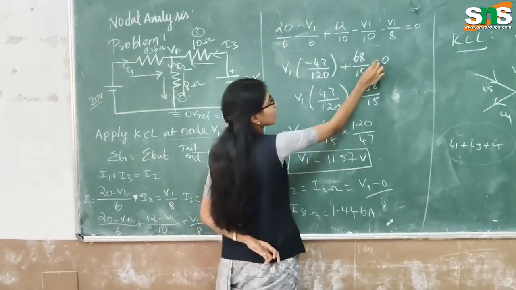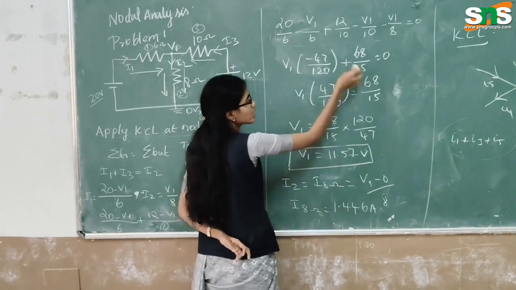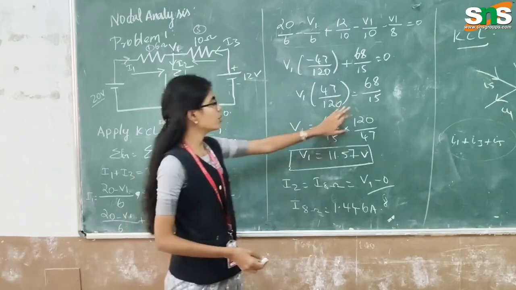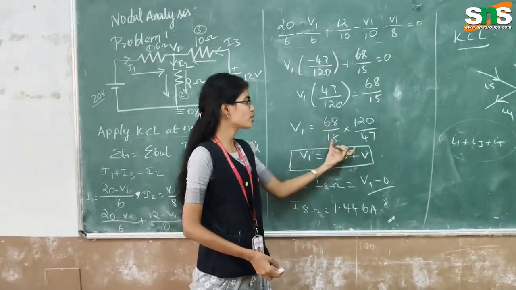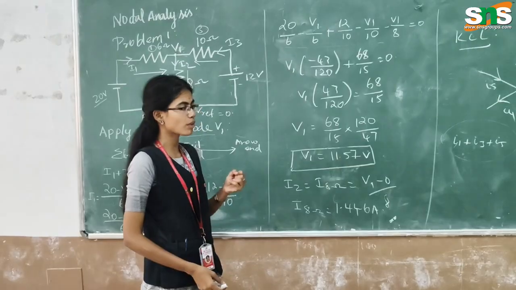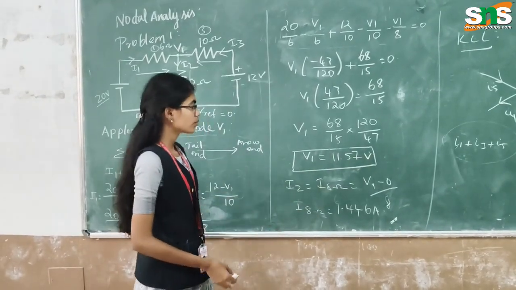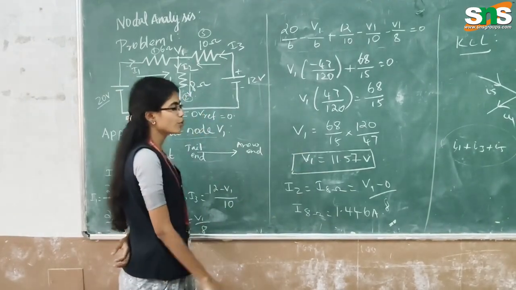We move the constant to the other side, so V1 is equal to 68 divided by 15 into 120 over 47. Reciprocating these values and taking LCMs, we get the V1 value as 11.57 volt. So the node 1 voltage is found as 11.57.